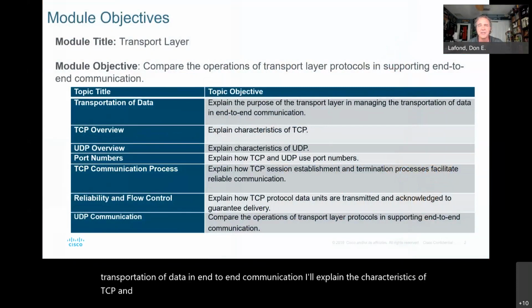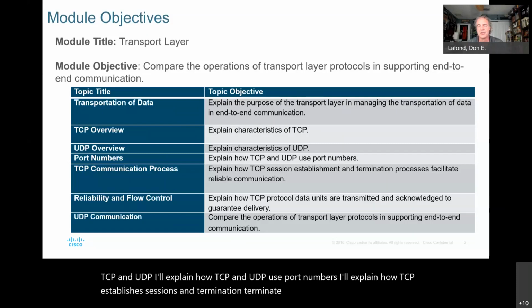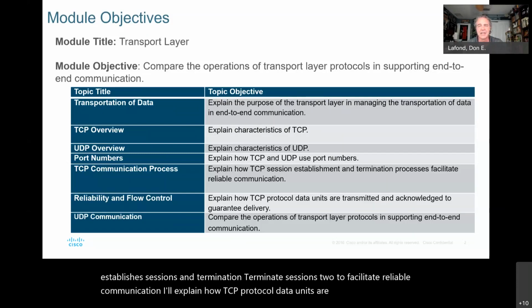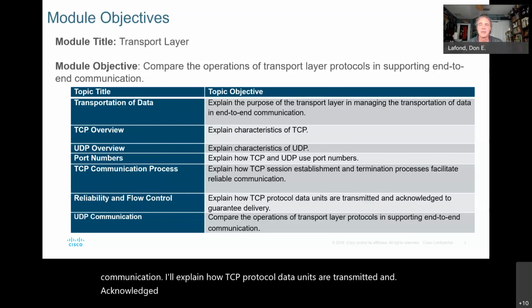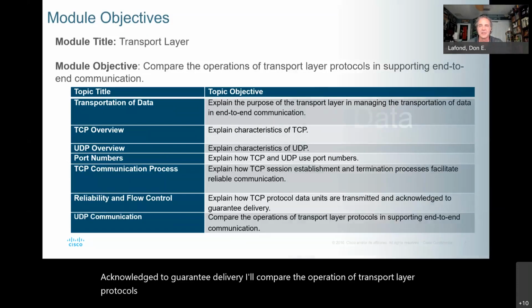I'll explain how TCP and UDP use port numbers. I'll explain how TCP establishes sessions and terminates sessions to facilitate reliable communication. I'll explain how TCP protocol data units are transmitted and acknowledged to guarantee delivery. I'll compare the operation of transport layer protocols in supporting end-to-end communication.